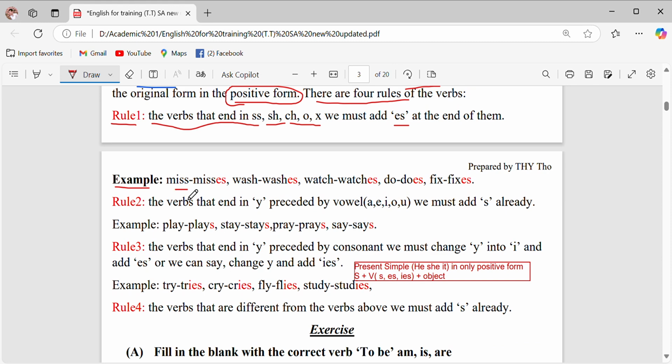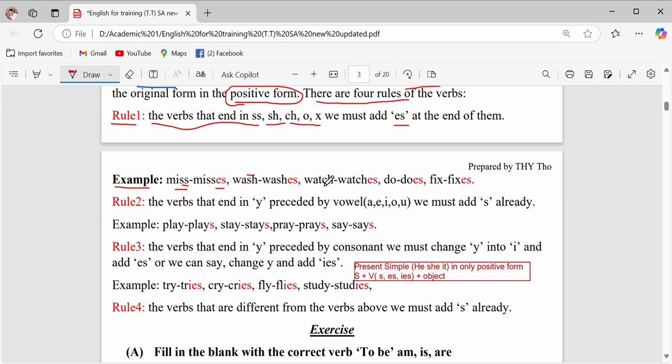Miss, you see the word miss? This ends with ss, so we add es, as this rule says. Wash ends with sh, so you add es.